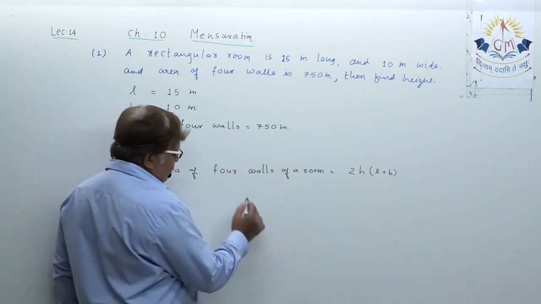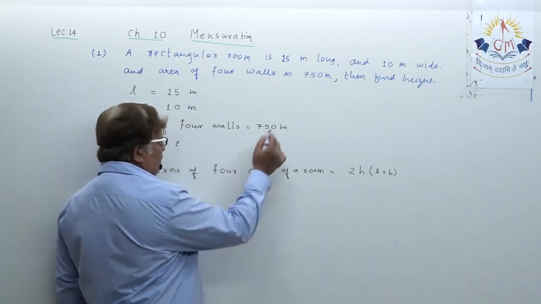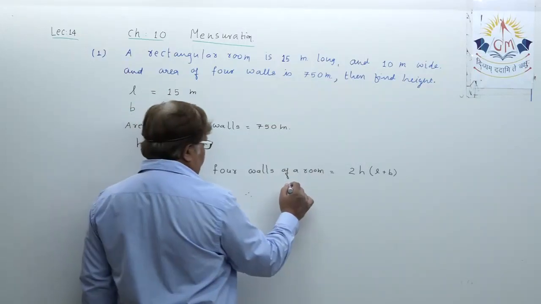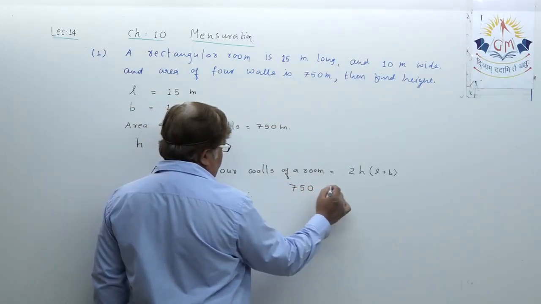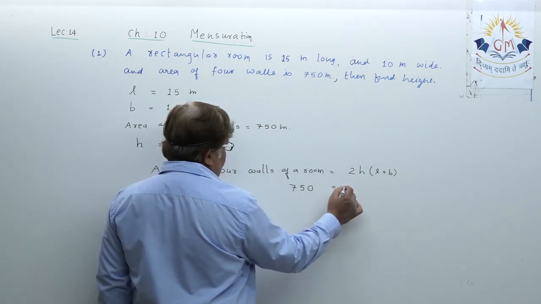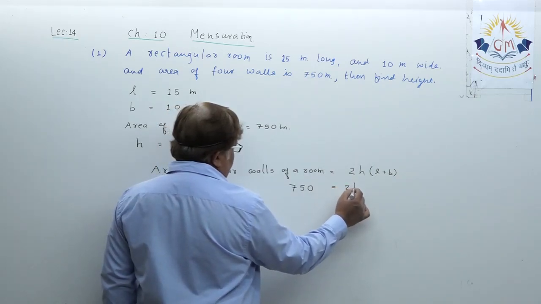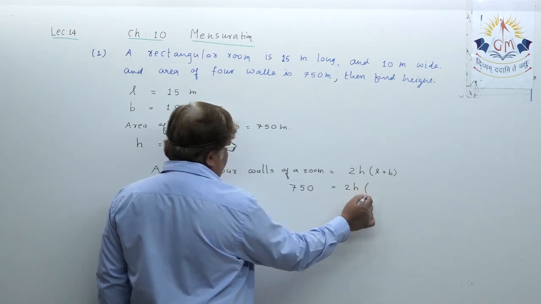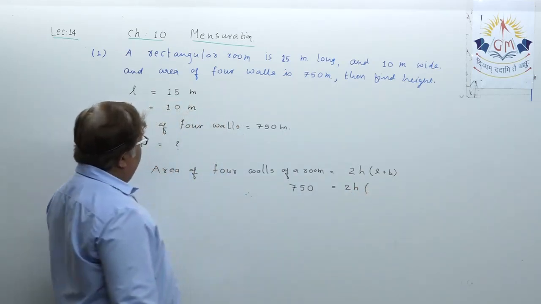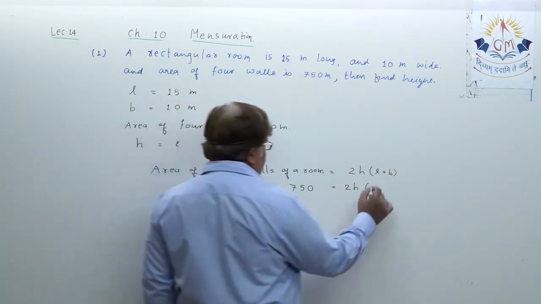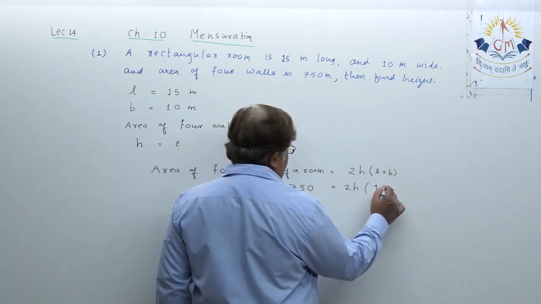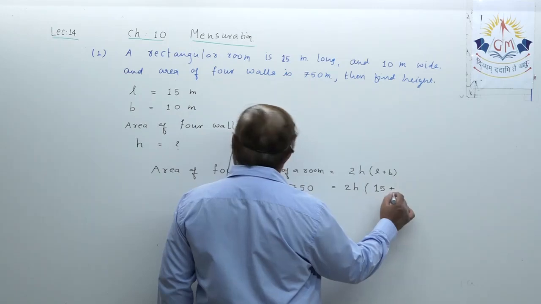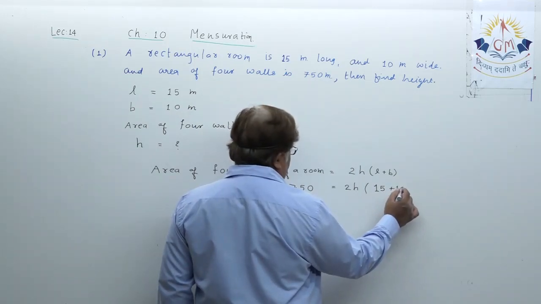Now let us substitute the values. The area of the 4 walls has been given, that equals height, which you are looking for, times 2 into (L plus B). Length is 15, breadth is given 10.